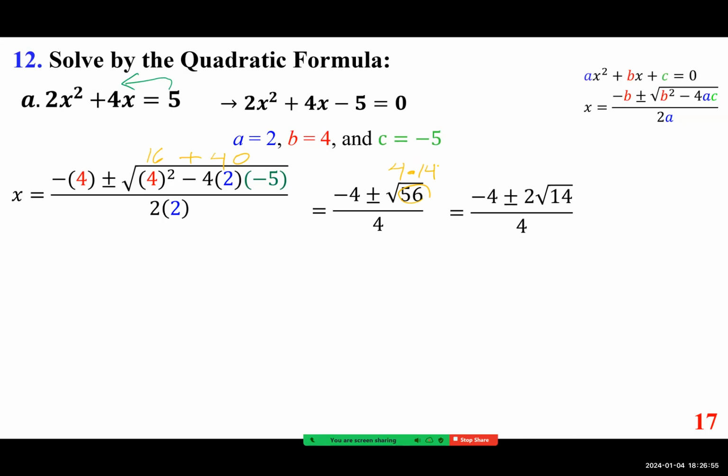It's important to do that because there's a common factor of 2. And I want to make sure you understand you can't drop the negative 4 and 4. Rather, this is 2 times negative 2 plus minus the square root of 14. You can drop this and change it to 2, and this goes away, and here's your final answer.